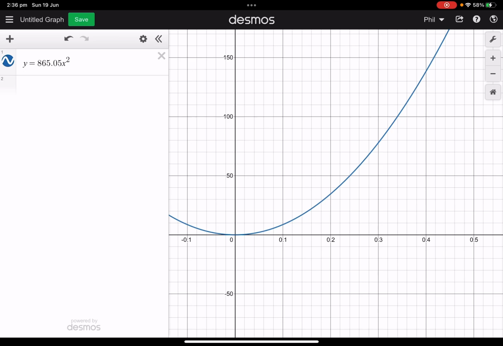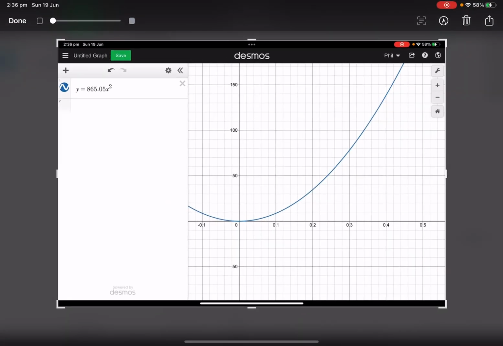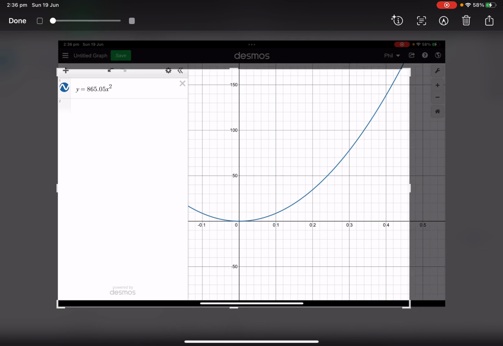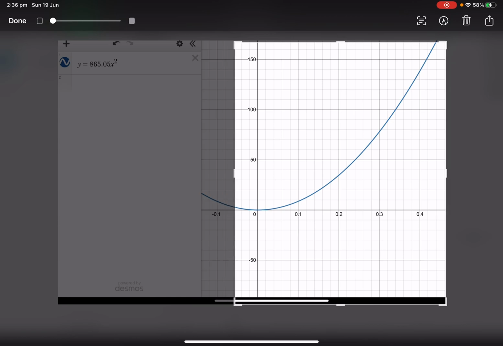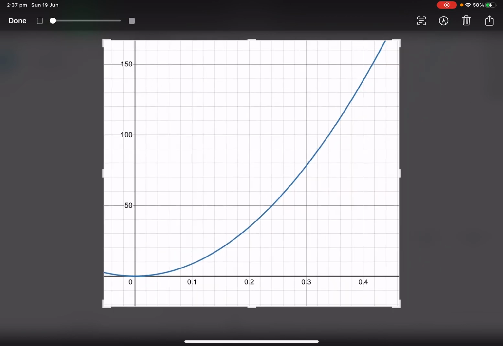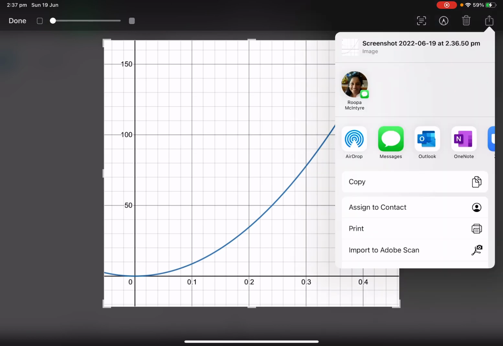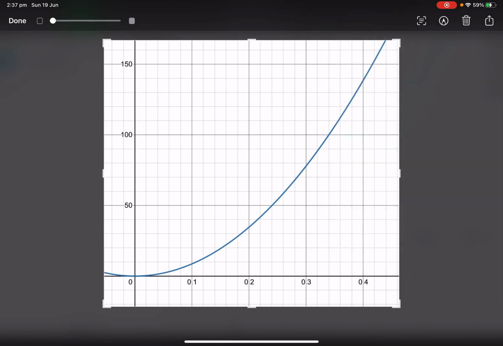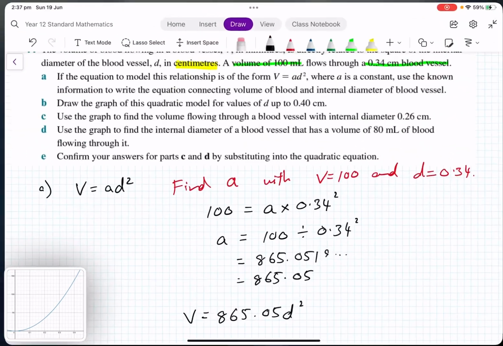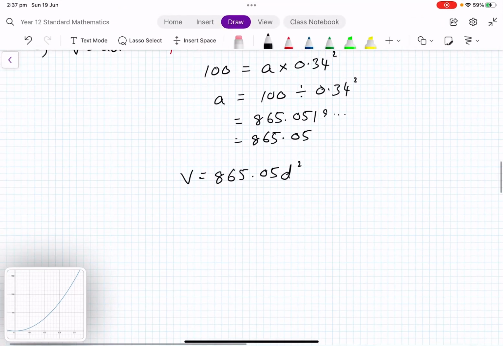So I'm going to copy that and trim it slightly. We have the values I need. We're only interested in this section of the positive one. We'll copy it and put it in here, then we can answer the other questions about it.